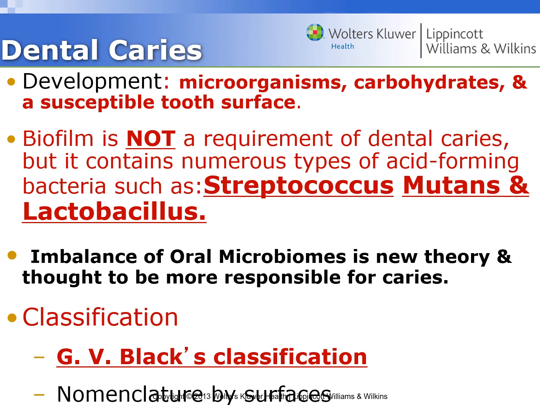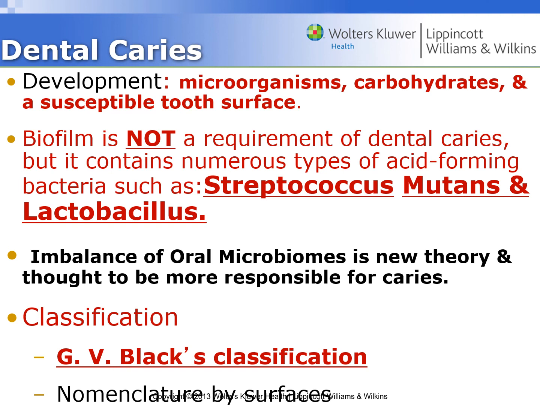We all think you just get the biofilm off and you won't have any dental caries, but it's not that simple. The biofilm, however, does contain numerous types of acid-forming bacteria, such as Streptococcus mutans and Lactobacillus, and even Candidiasis. But these two, I would know these for sure.